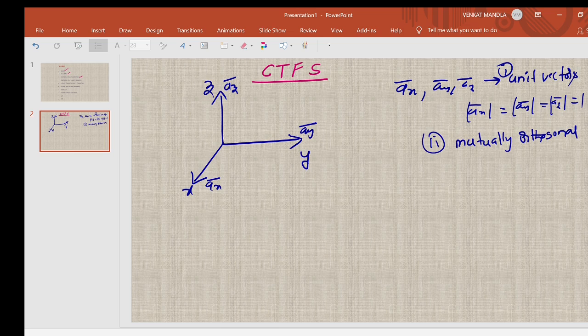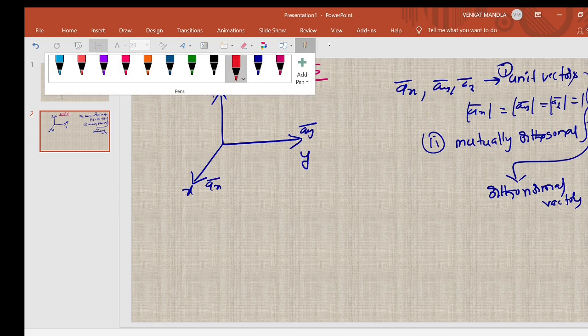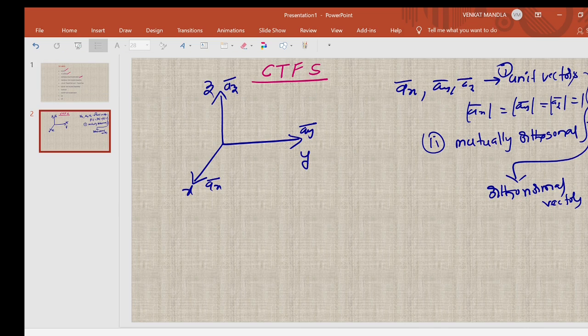If these two conditions are satisfied, then those vectors are called orthonormal vectors. And we have a three-dimensional plane, which we call a three-dimensional vector space.